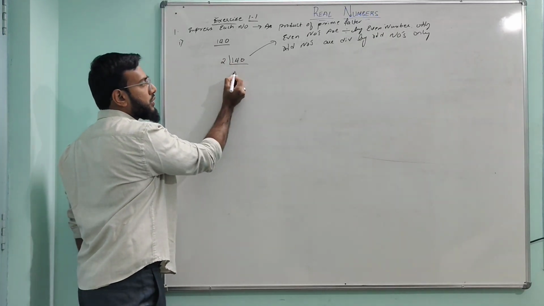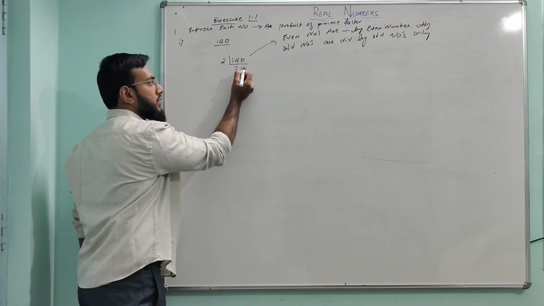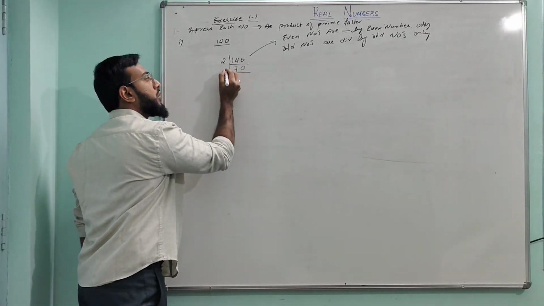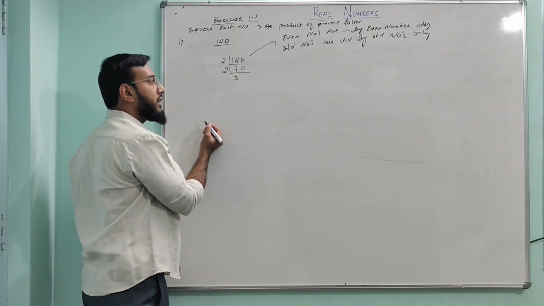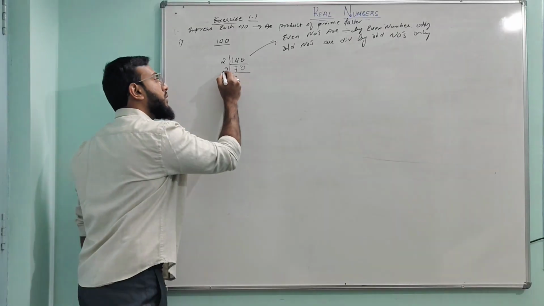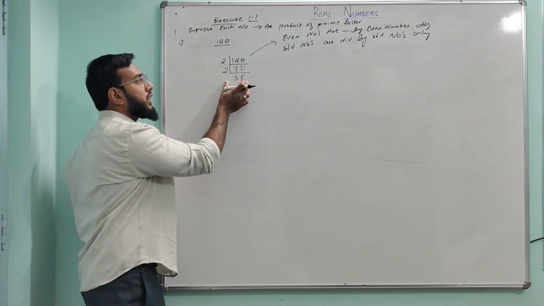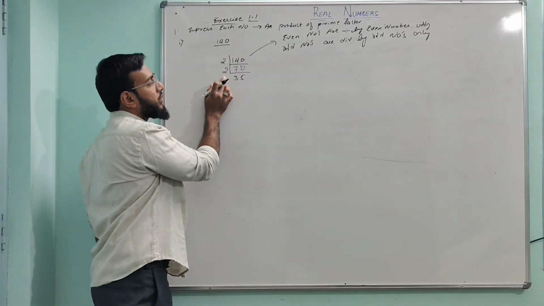2 7s are 14. 0 same. Then again it's an even number. 2 3s are 6. How much is remaining? 1. 2 5s are 10. Some students I have observed are totally new to this factorization method. The students who don't know, please try to understand.